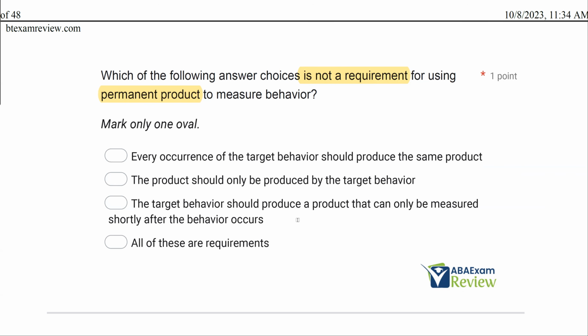Permanent product means it's permanent. It's giving you enough time to come measure it. So C is not a requirement, because shortly after the behavior occurs, it's going to make it very difficult to take that permanent product data. Really think about C if you don't understand it. Permanent product means you're measuring the outcome, so the product. We need that product to stick around for quite a while so we can get a true measurement of what occurred.